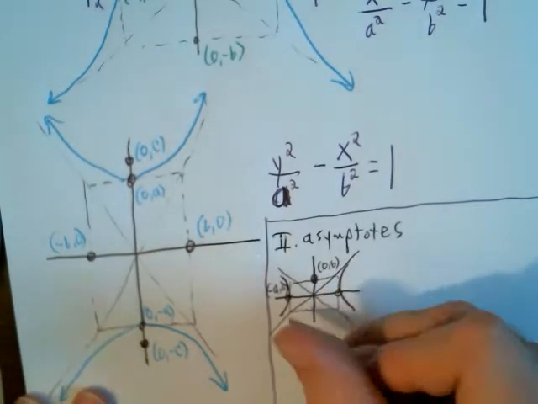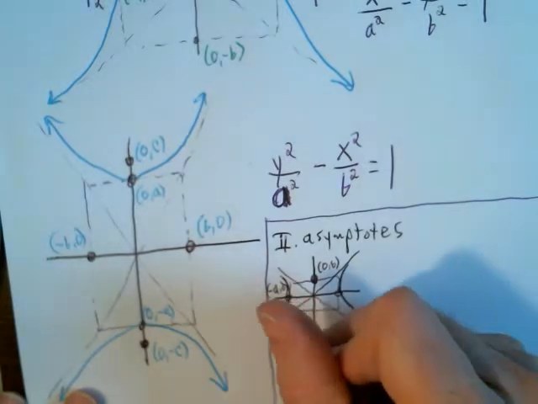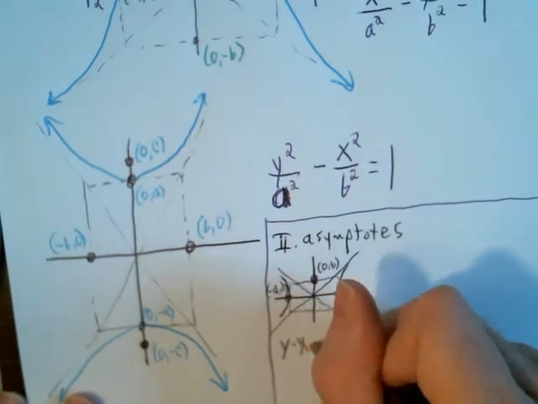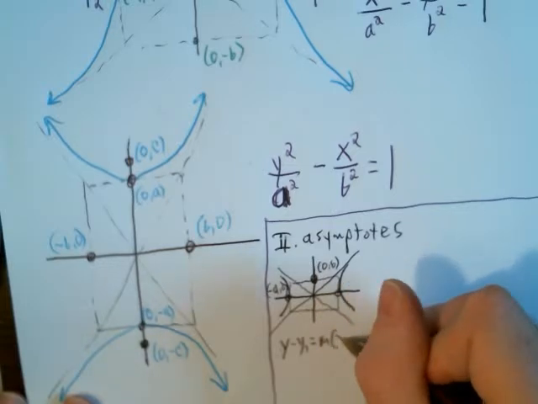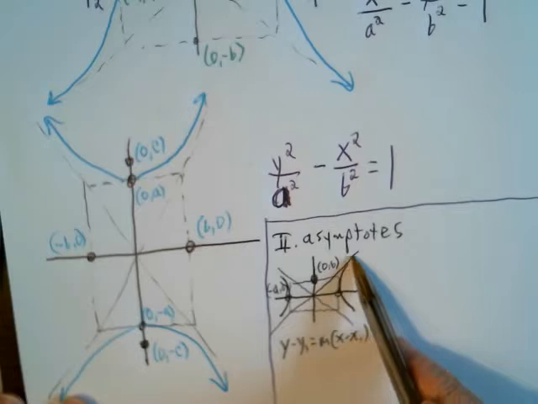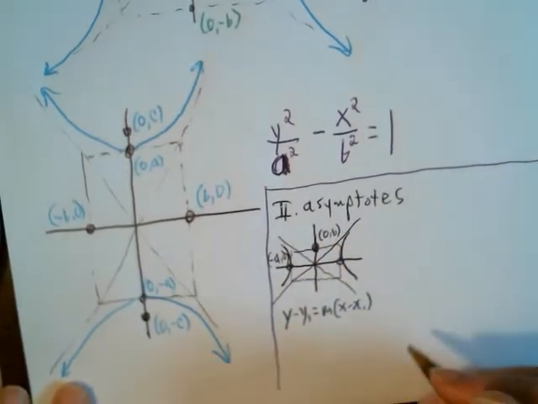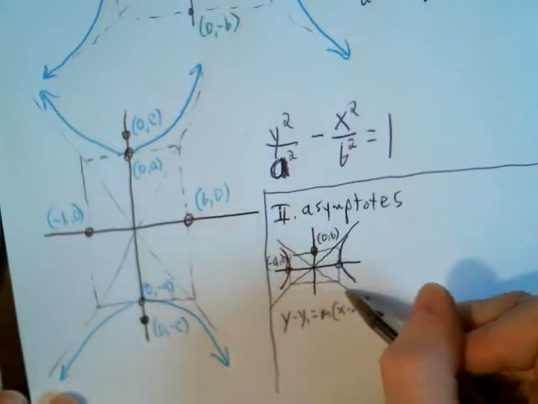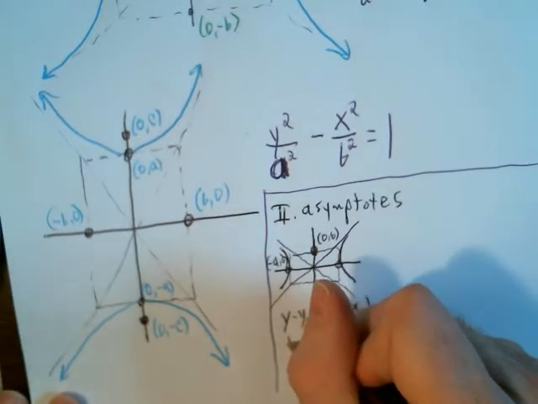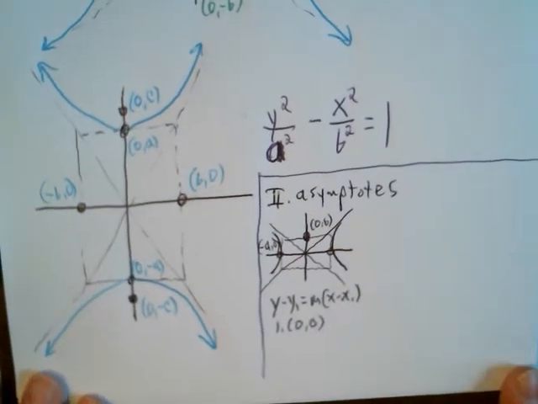In general, we have point-slope form: y minus y1 equals m times (x minus x1). I need equations for these asymptotes, these lines that go through the origin. First off, the lines going through the origin will have the point (0, 0).